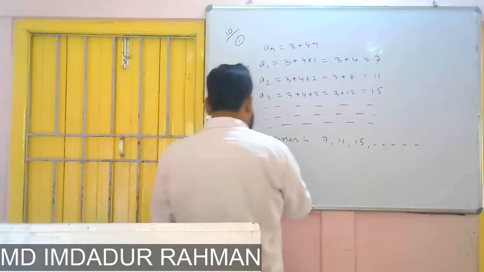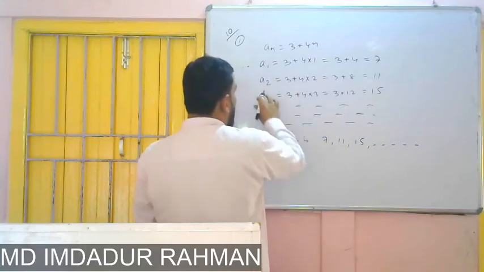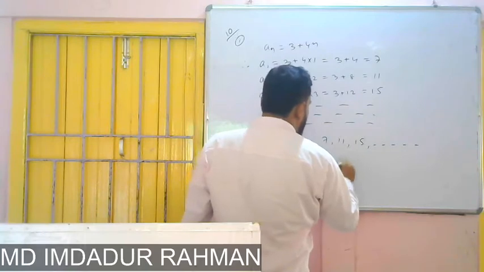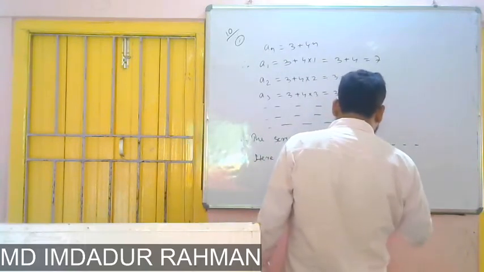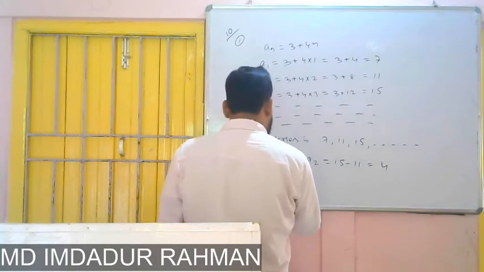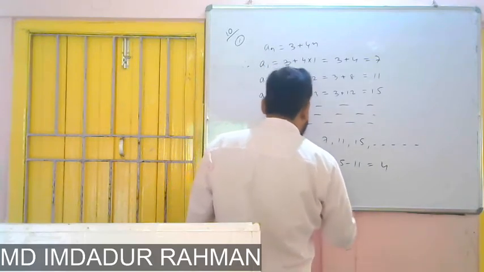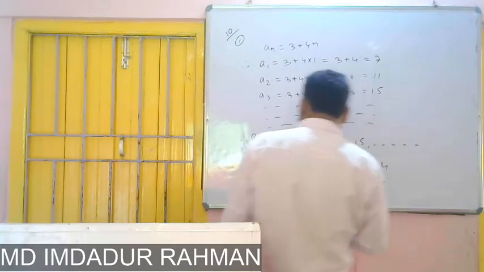Here a3 minus a2, 15 minus 11 is equal to how much? 4. And a2 minus a1 is equal to 11 minus 7 is equal to 4.